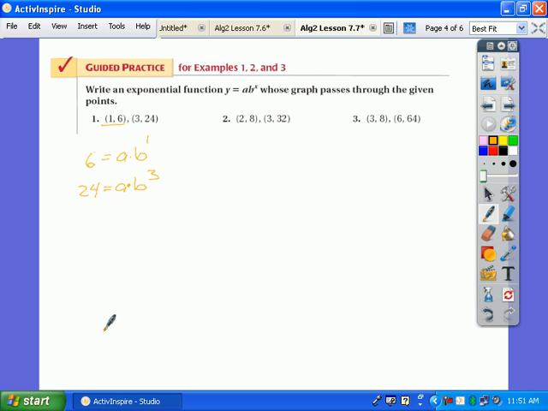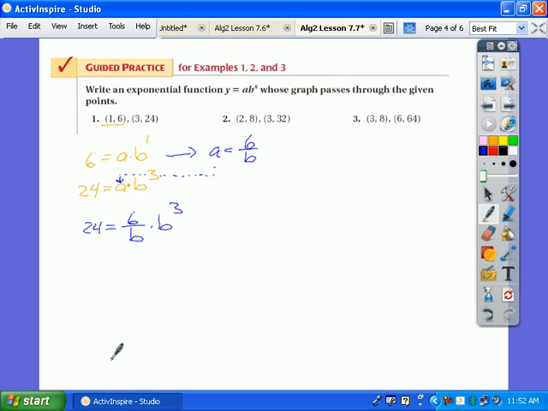So when we do that, we get A equals 6 divided by B. And now I see that there's an A in the second equation. Right? So I'm going to replace that A with 6 over B. So 24 equals 6 over B times B cubed. B cubed divided by B is just B squared. So this is 24 equals 6B squared.